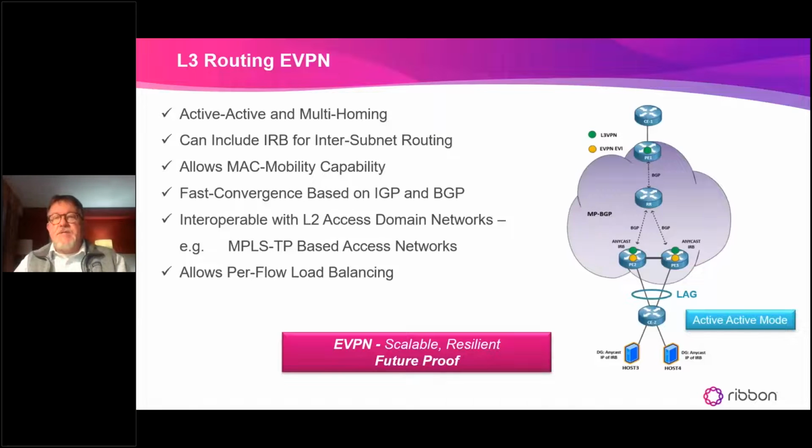What's happening on the protect side is that bandwidth is set aside, but not being used. It's only used when the working side fails, okay? And with an EVPN, I can move traffic on both my working and protect paths. Not only that, but I can load balance across them, right, if I need to. If one starts to get congested, then I can move traffic onto the other one.